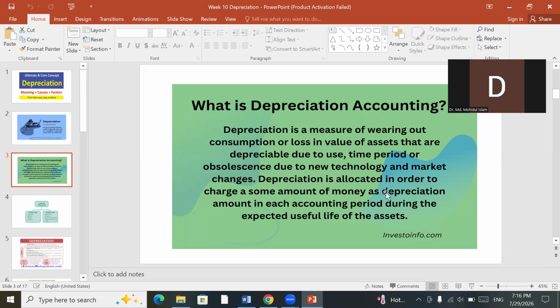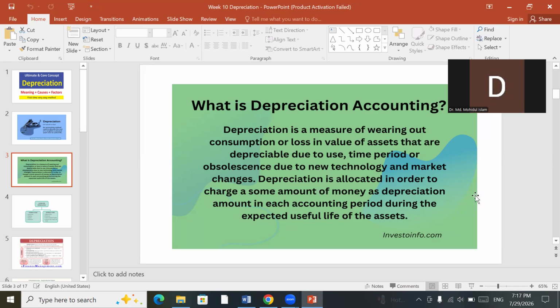Depreciation is allocated in order to charge some amount of money as depreciation against profit during the expected useful life of the asset. That means depreciation is an expense. You just imagine it on the basis of your assumption.